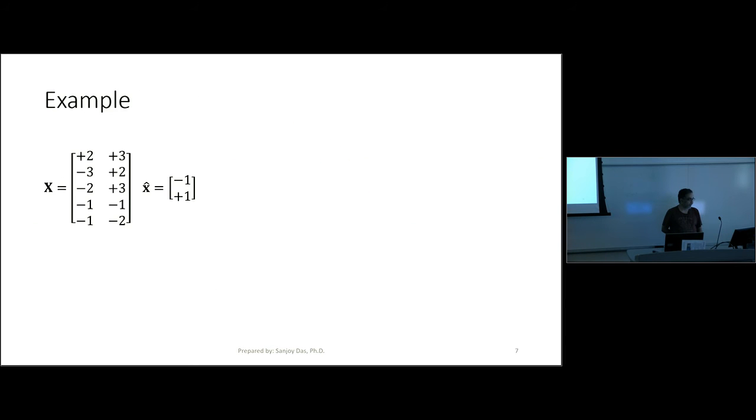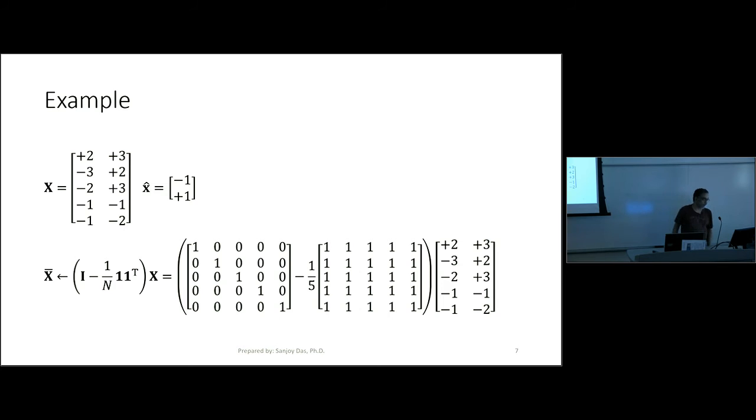And the data matrix, okay, so this is how we do the centering here. X bar is the identity matrix minus 1 over N, where N is the number of samples, right? So minus 1 over 5 times 1 times 1 transpose, times the raw data matrix.